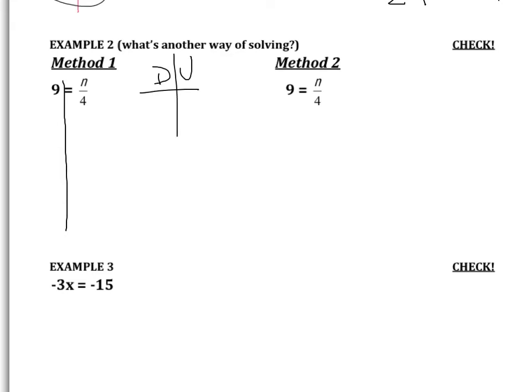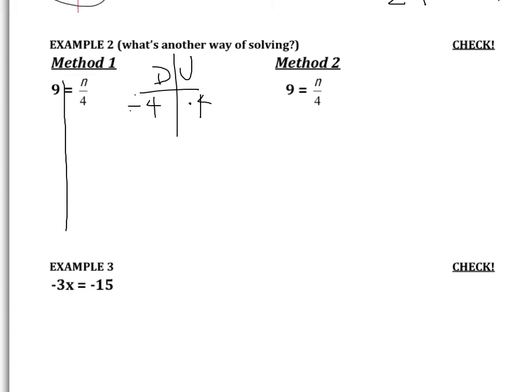I'm going to ask myself, right now, what's happening to n? Well, I notice that there's this fraction bar, and that fraction bar means division. So this is saying n divided by 4. Right now, n is being divided by 4. How do you undo divide by 4? You multiply by 4.